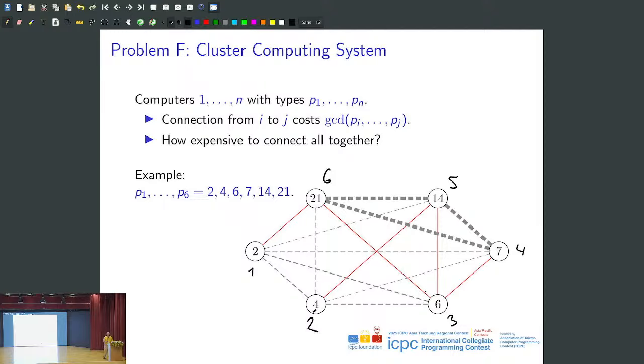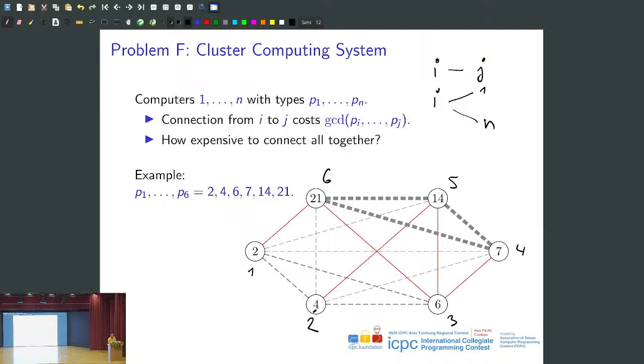So how can you solve this efficiently? Well, GCD has the property, of course, that if you have the GCD of more numbers, the GCD can also only get lower. So basically, if you decide to connect computer i and j, then it's always cheaper, or at least not more expensive, to connect i to either 1 or to n.